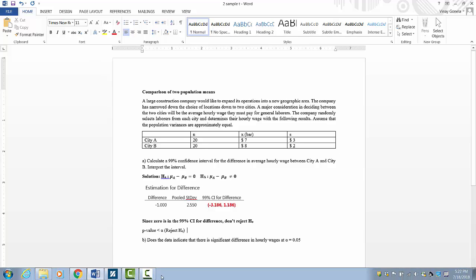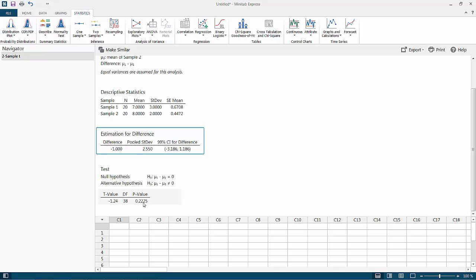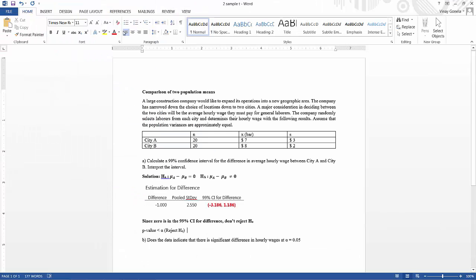So let's check our p-value from Minitab Express. That is 0.2225. Is it less than alpha?